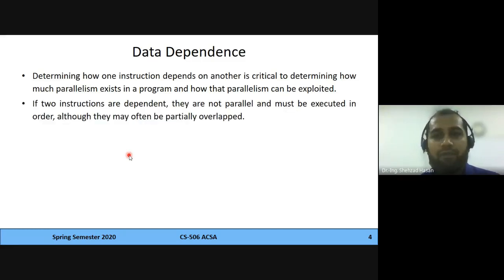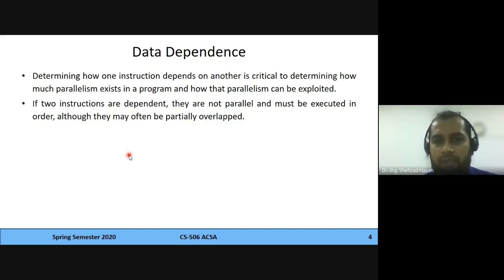We say that two instructions are dependent if one is somehow affecting the other, either by data or by its name, and we're going to discuss that.